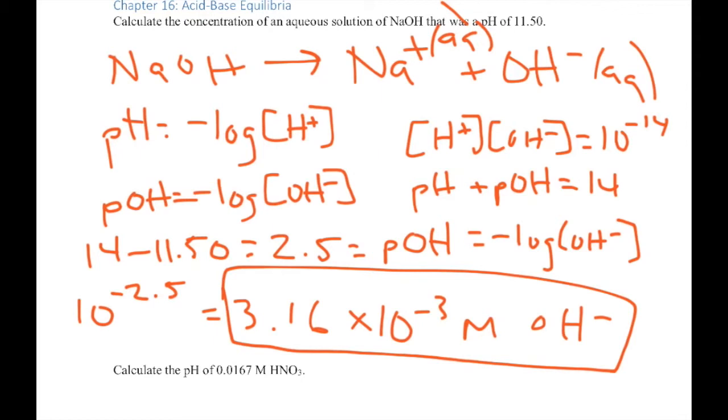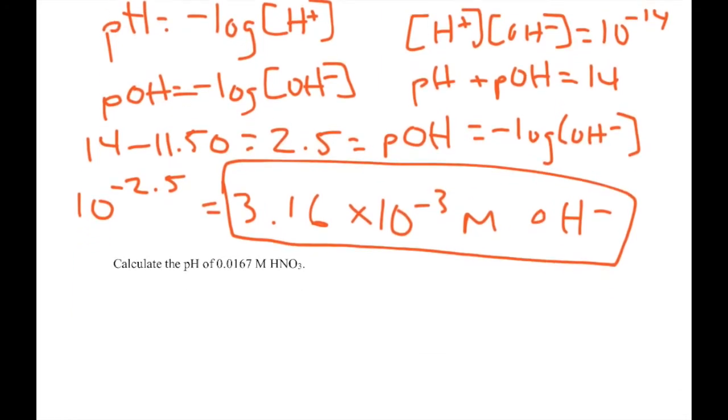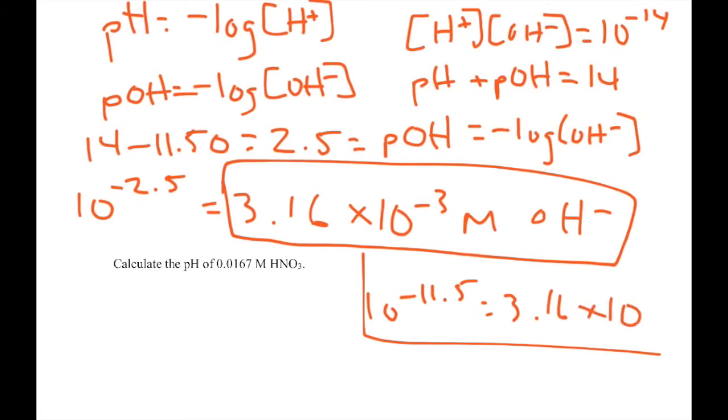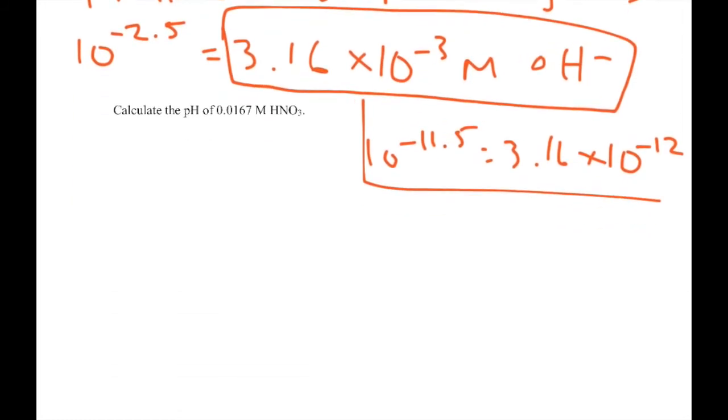And let's double check that. If we did 10 to the negative 11.5, that would give us 3.16 times 10 to the negative 12th, which is extremely small. So we have essentially no hydrogen ion concentration.